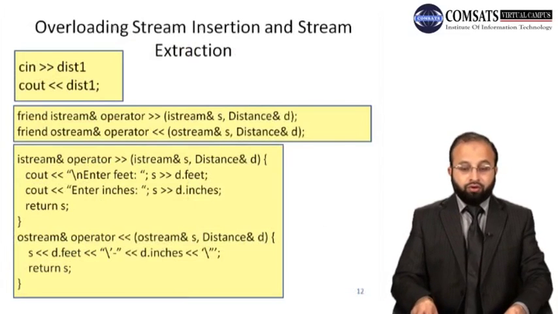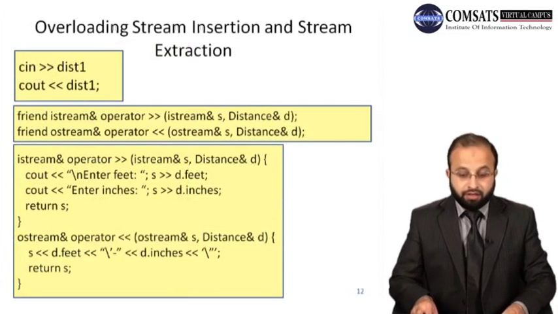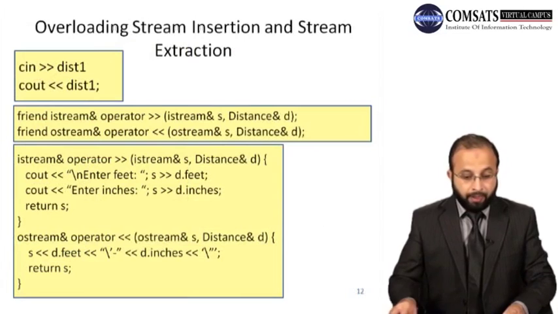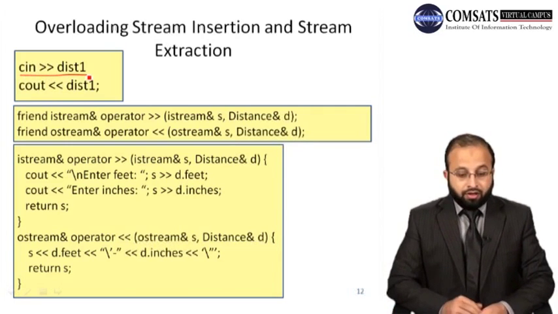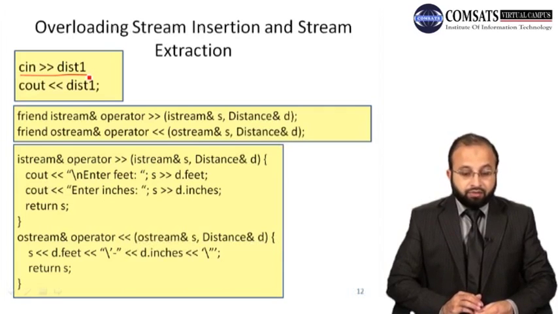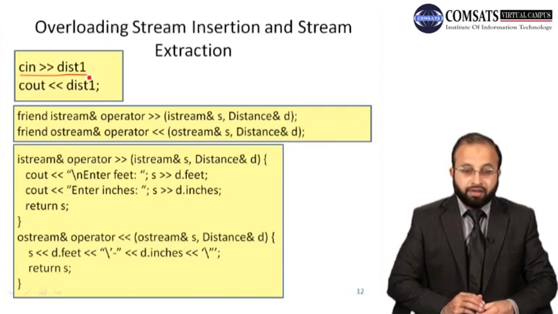Now next comes overloading the stream insertion and stream extraction operators. So consider the statement cin dest 1 or cout dest 1, right? For example, dest 1 is an object of a distance class, okay? So we cannot write cin dest 1 or cout dest 1, right?